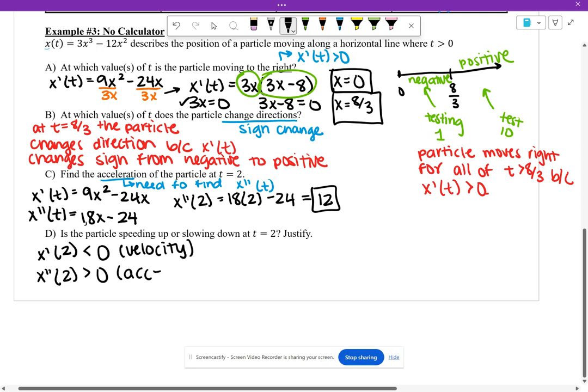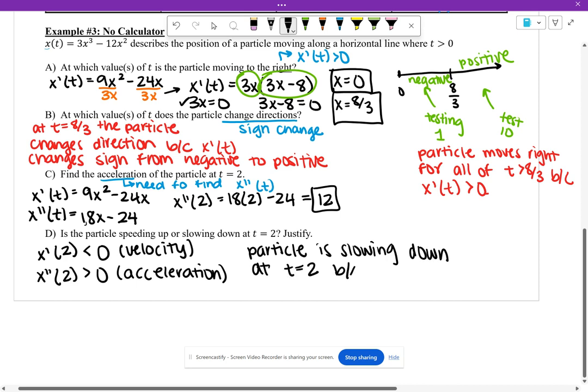That tells me the acceleration. Okay, so now because these are opposite signs, I can say that the particle is slowing down at time equals 2, because x prime of 2 is less than 0 and x double prime of 2 is greater than 0.